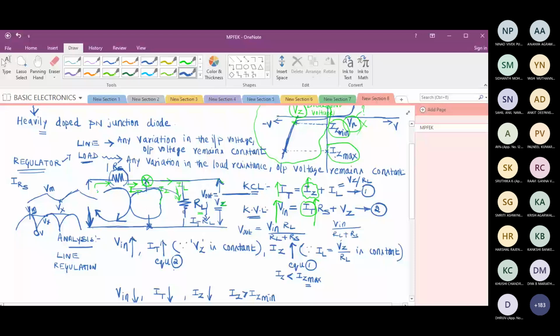Is this the equation? I'll erase this part.